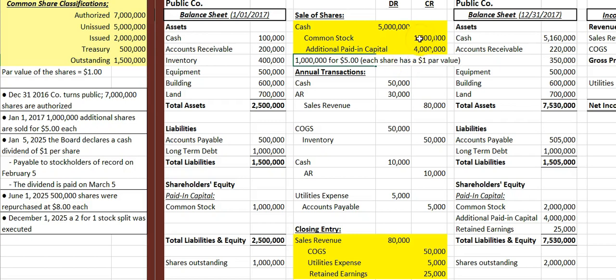So under common stock, you're going to put the par portion. 1 million times $1 is $1 million in par value. The remainder, the excess that was paid, the new shareholders pay $5, so they paid $4 over par. Goes under additional paid-in capital, okay?